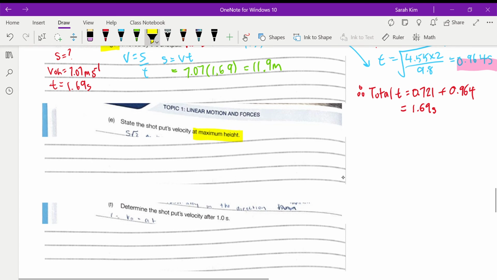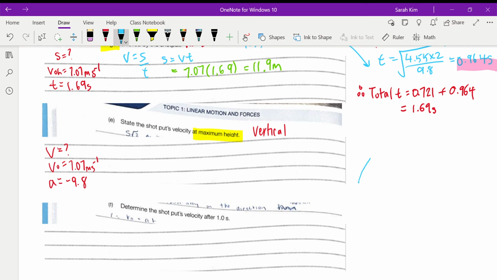State the shot put's velocity at maximum height. Okay, well, maximum height, you're talking about vertical again. So my V is question mark. My V naught was 7.07. My A is negative 9.8. Well, technically, if you really think about it, I don't even have to do any of these.